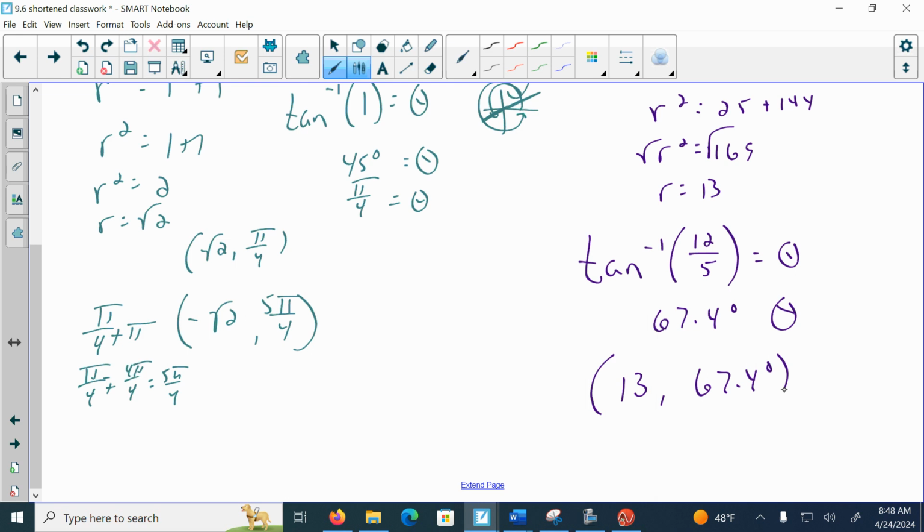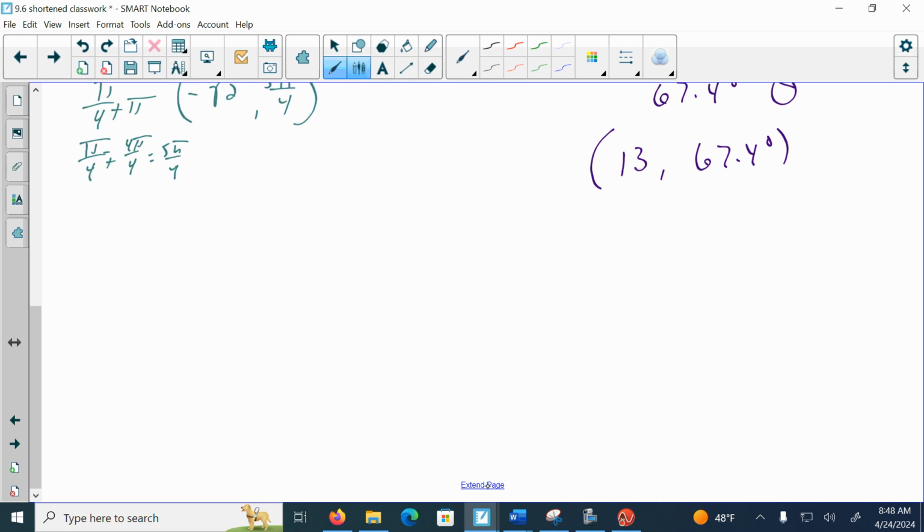That's my first one. Now to find the second one, remember, 67 is up here somewhere. I want to go half the circle and go down here. To do that, I'm half a circle away, so I'm going to add 180 to that angle.